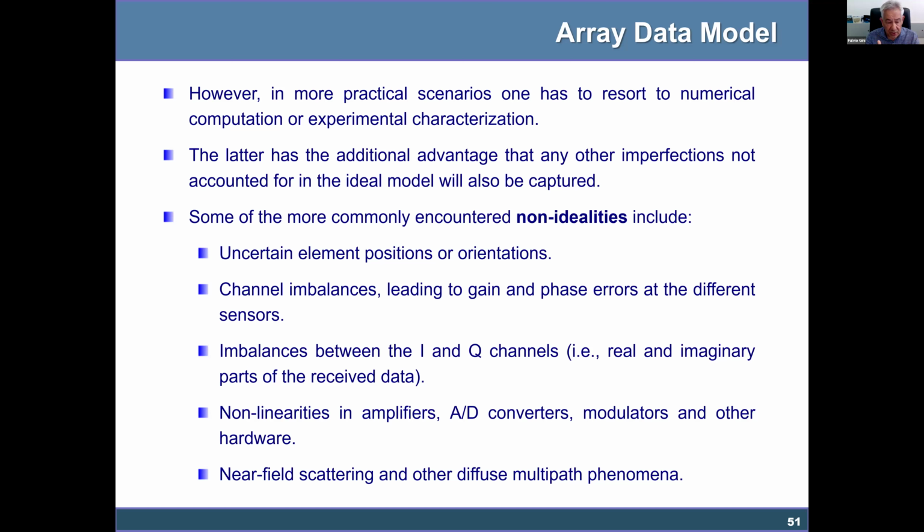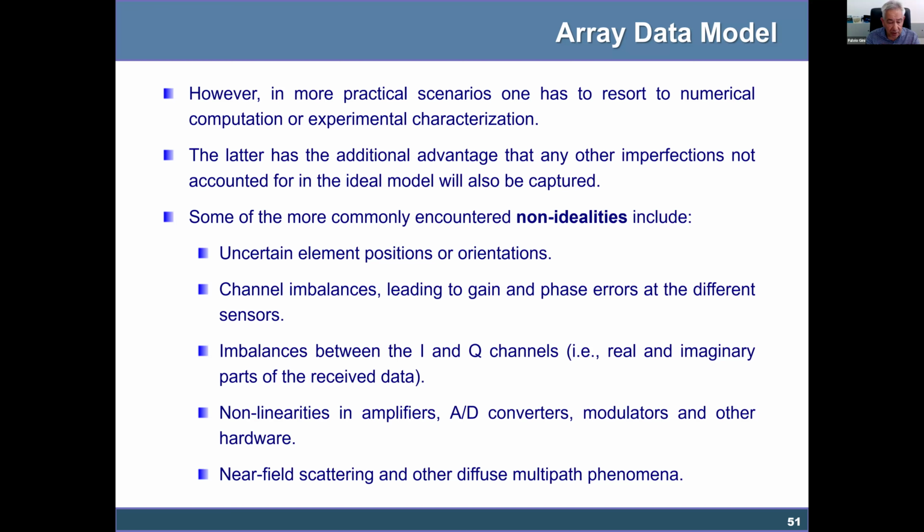In this case, the array is only partially calibrated, because we know the nominal position, but there is an error. The other source of non-ideality is the fact that the frequency response of each sensor can be slightly different.